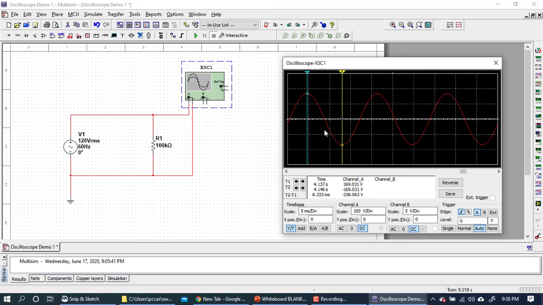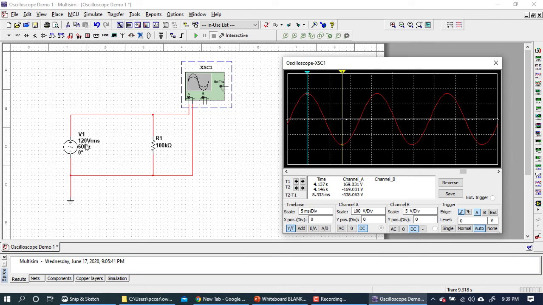Well, where did this 169 come from? I thought we had 120. Well, we do have 120 volts RMS. Oscilloscopes don't measure RMS voltage, or they kind of do. I can teach you how to measure RMS voltage on an oscilloscope, and we'll do that in just a second, just for fun.